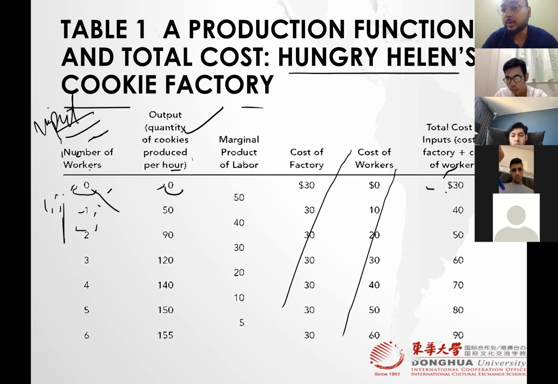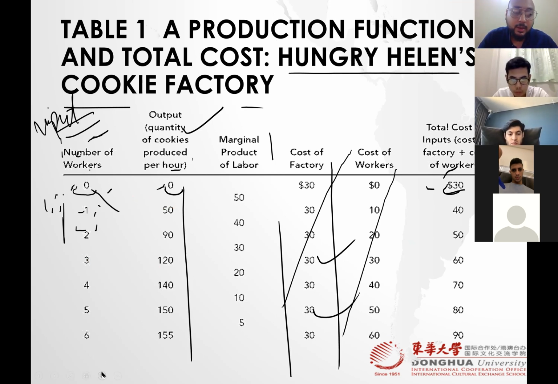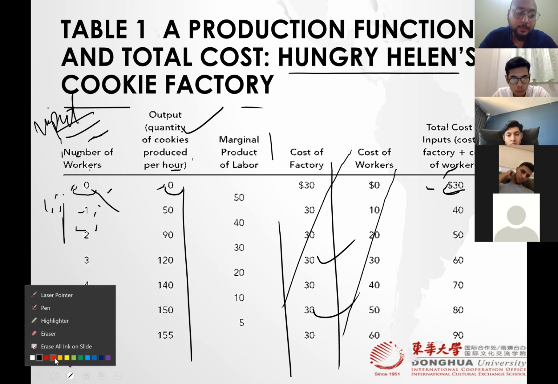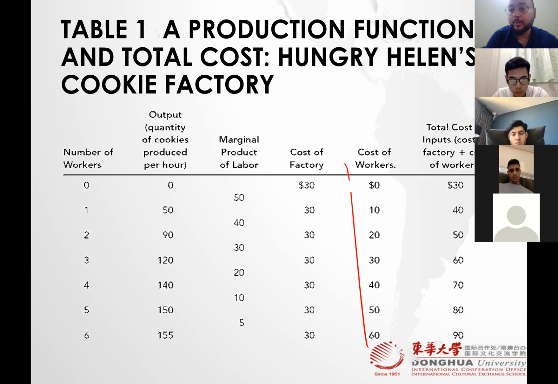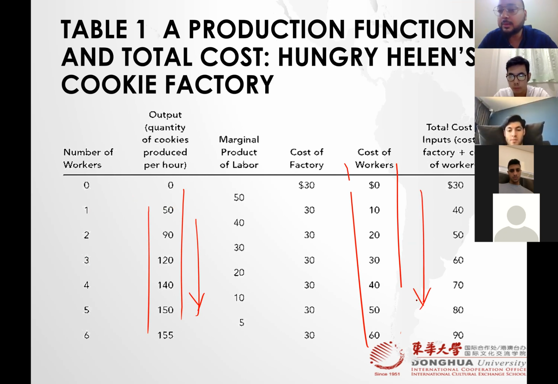So this is the fixed cost, right? 30. So you can also see that the cost for the factory is also 30. So production increases, cost remains the same. Similarly, the cost of workers. So you see the pattern here. There is an increase in quantity and there is an increase in cost. Means this is variable cost and this is the total, which is fixed plus variable.